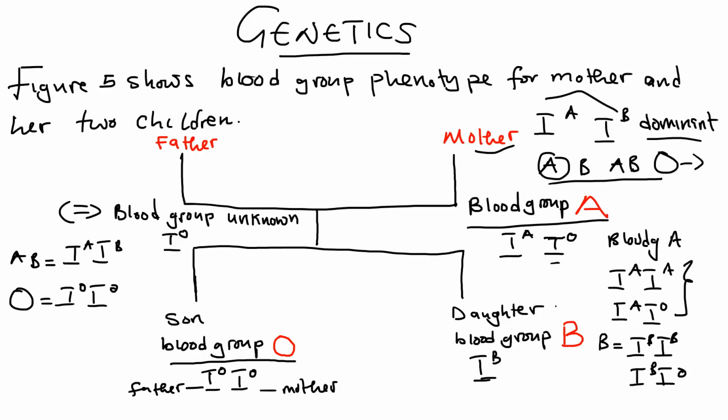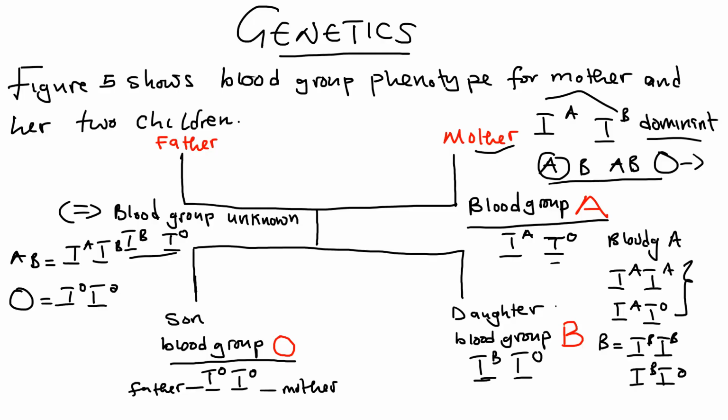So from the mother came O, and from the father came B. So the father contributed a B, which means the father is blood group B. Both are heterozygous: the father is heterozygous blood group B, which is BO, and the mother is heterozygous blood group A, which is AO. I guess that makes sense.